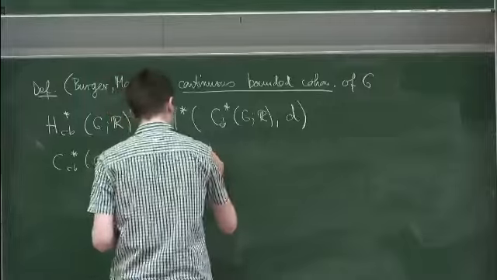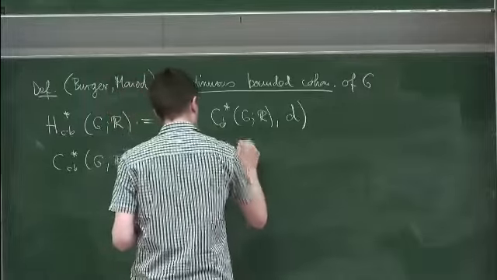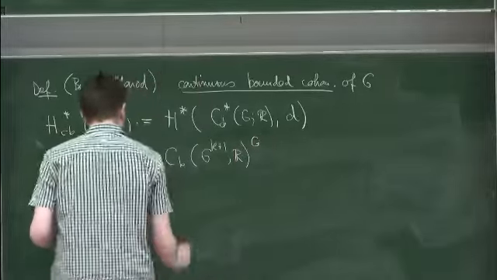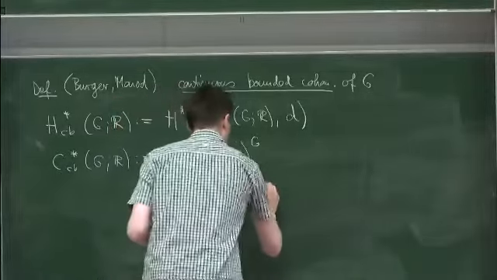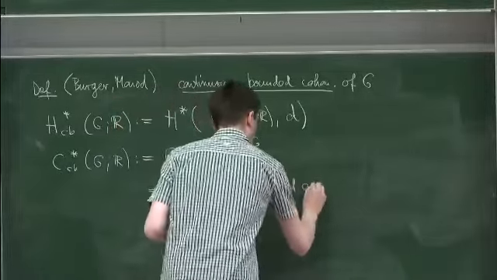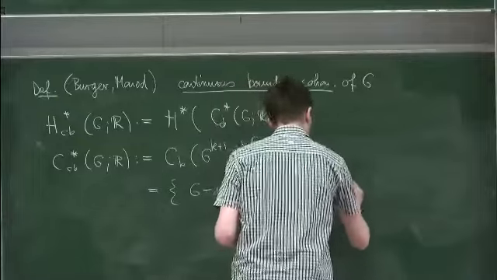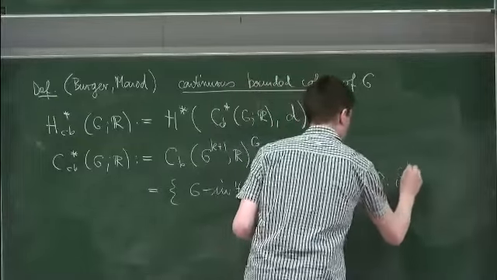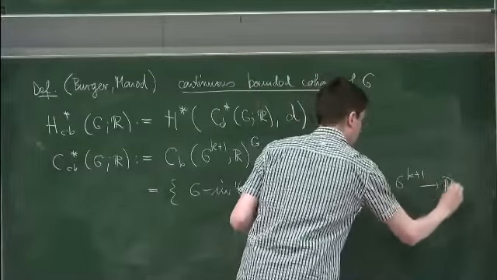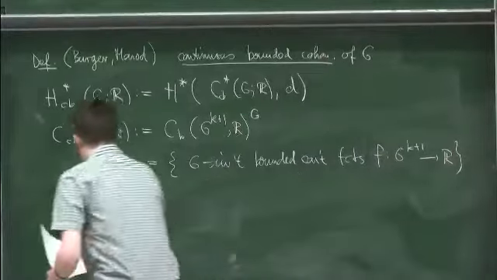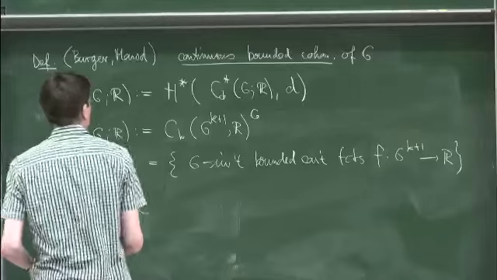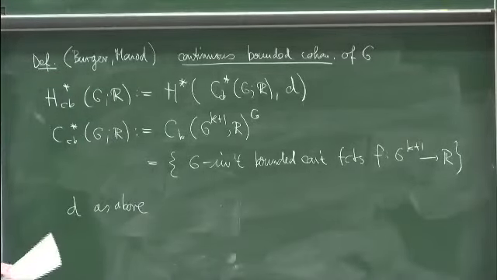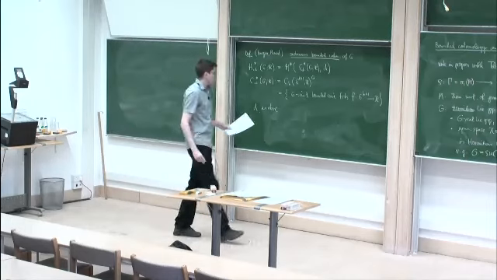Denoted like that. And again, they have to be G-invariant. So this is the G-invariant bounded continuous functions. And so, as I said, d is as above. Okay, so actually, I'm sure you said this, but when you say G-invariant, you mean G is acting on the left or by conjugation? G is acting on the left, yeah.